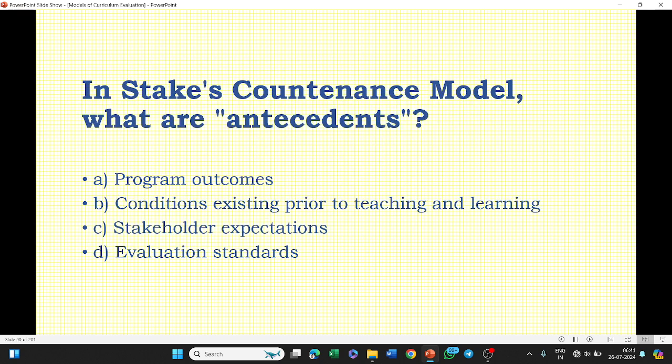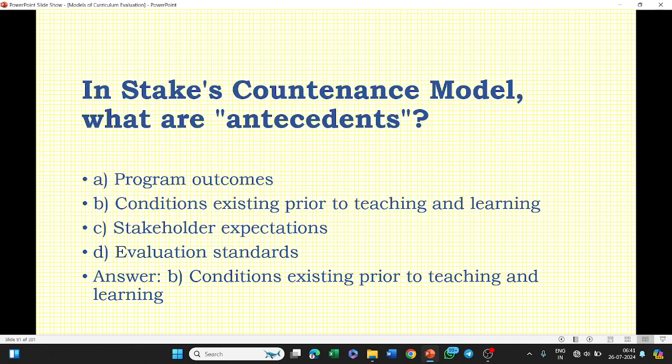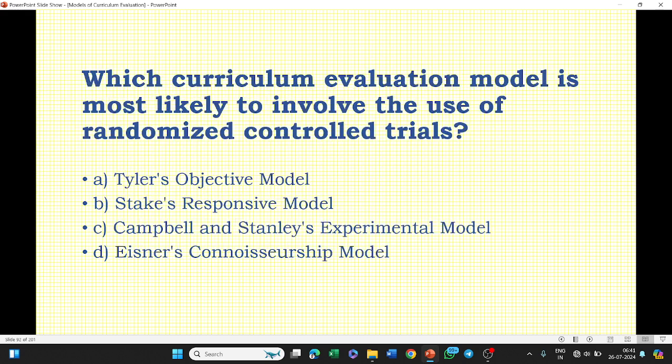Next, in Stake's countenance model, what are antecedents? Options: program outcomes, conditions existing prior to teaching and learning, stakeholder expectations, evaluation standards. Answer of this question is option B, that is conditions existing prior to teaching and learning.